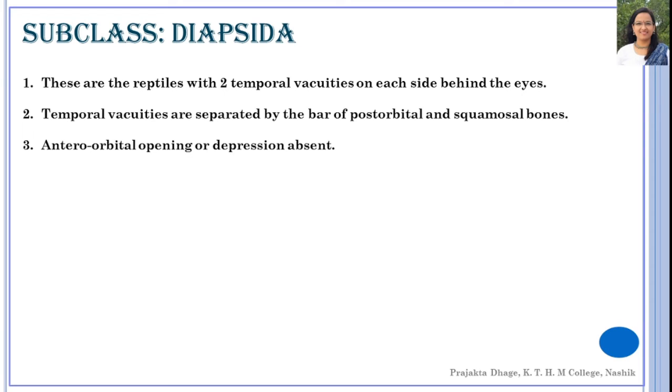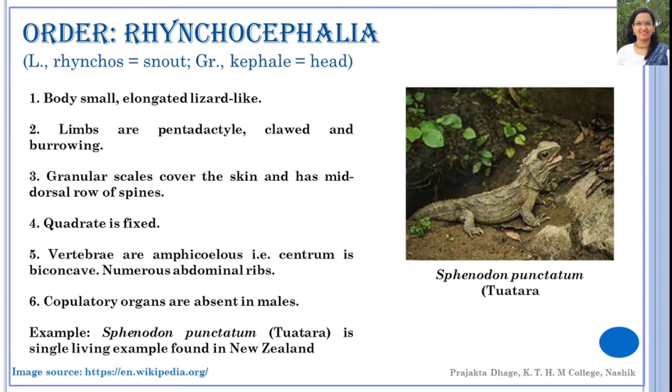Now anteroorbital openings and depressions will be absent in these organisms. Okay, so the order that we are going to study is order Rhynchocephalia. Rhynchos is snout and cephal is head. Let's see the characters of this.